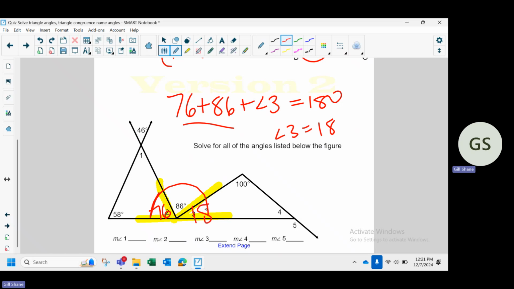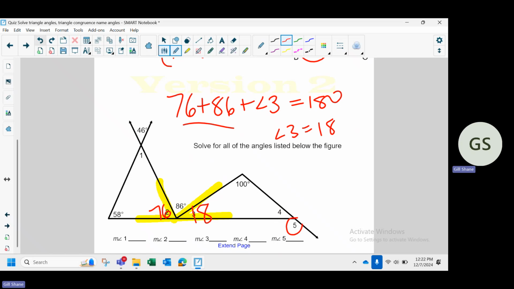So now that I know this is 18, that's 18 for 4 and 5. Those should not be difficult if you made it this far. I could just say angle 5 is an exterior angle, and it's an exterior angle because it's a linear pair with an interior angle. So that's a quick check to know if it's exterior or not.